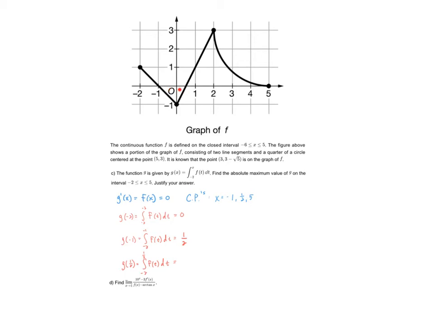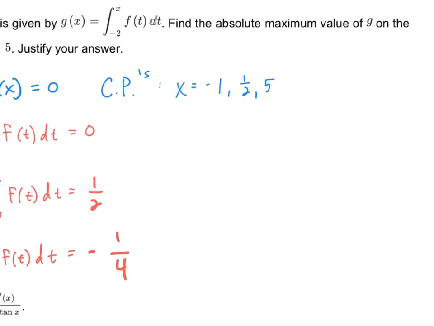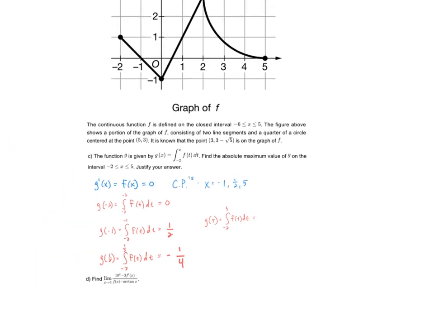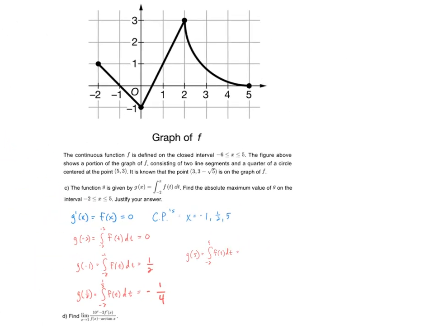And this little bit of area here is going to be a quarter, but that's going to be a negative 1/4. Okay, and then the last one, G of 5, and that's just all the area added up.